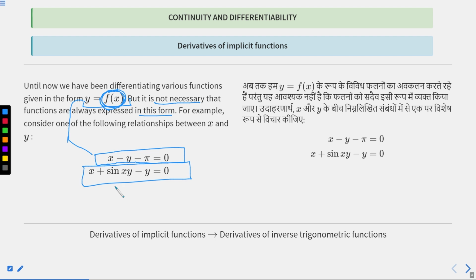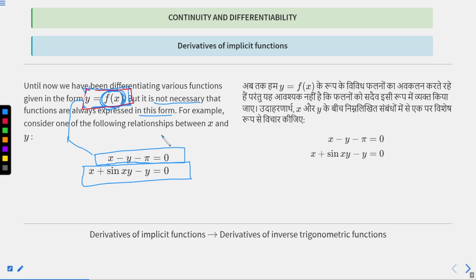The other type of forms we call explicit functions. If you are able to write it down as y is equal to f of x, then at this step you can say your function is explicit. Otherwise you will say that my function is implicit. Simple: explicit and implicit.